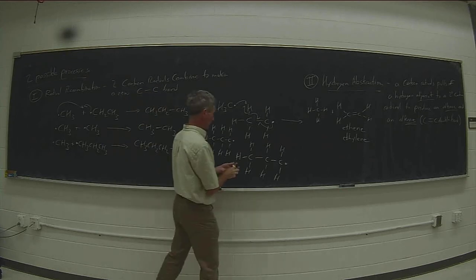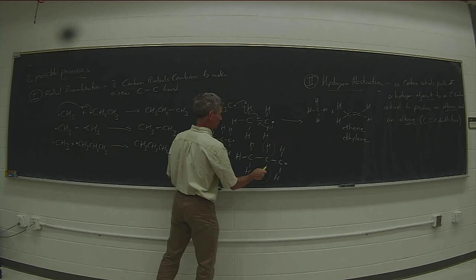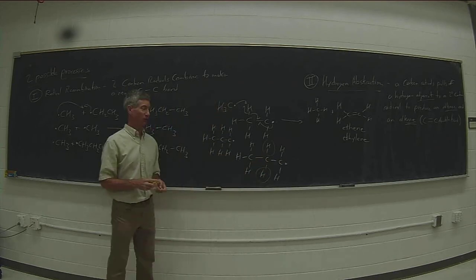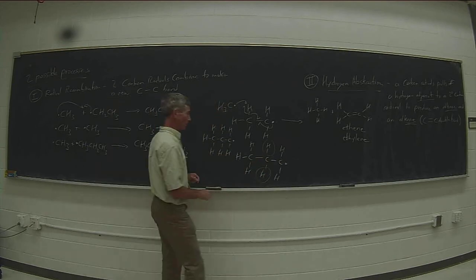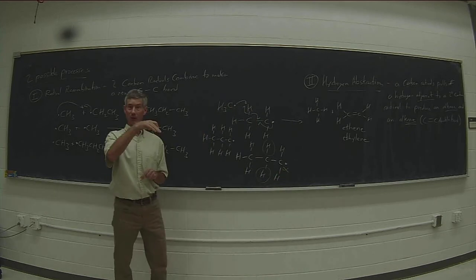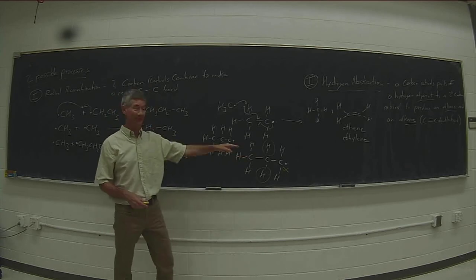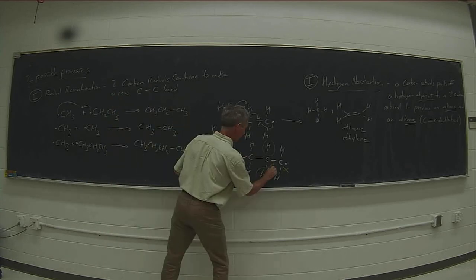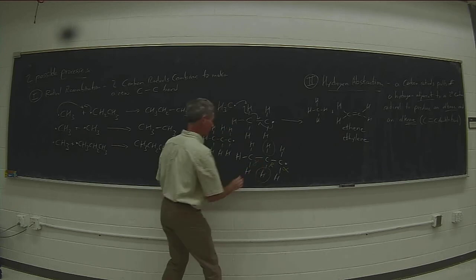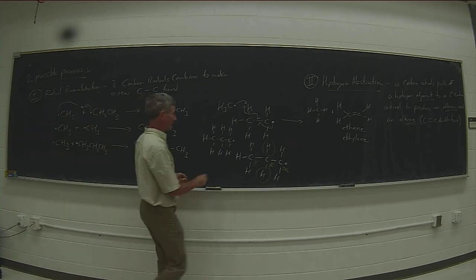For the abstraction, it would have to be one of these two hydrogens that's removed, not one of these three or one of these two. It has to be on the adjacent position. Often we will label those with Greek letters, alpha being the carbon right where the reference point is, in this case, the carbon containing the radical, and then the beta carbon is the next one, the gamma carbon is the next one. So it's not an alpha hydrogen that's removed, it's not a gamma hydrogen that's removed, it's one of the beta hydrogens.